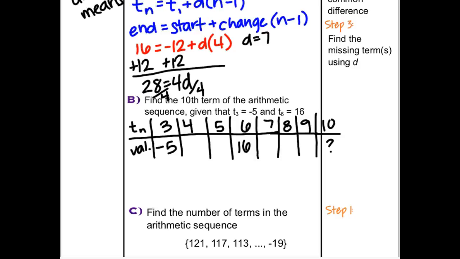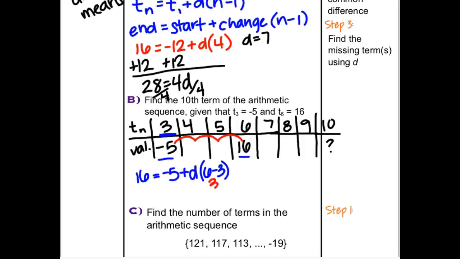So what we will do now is set up our problem. Our n value that we know is 16, and our start value is -5, and that's plus d of some sort. Now, here's where it gets tricky. A lot of you want to say, okay, 16 is term 6, 6 minus 1 is 5. But because we have term 3, this is going to be 6 minus 3, because when we apply the common difference, it's 1 time, 2 times, 3 times.